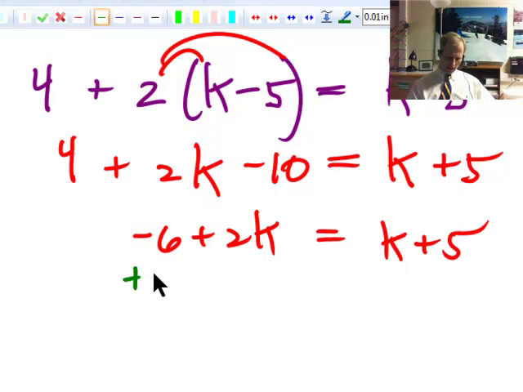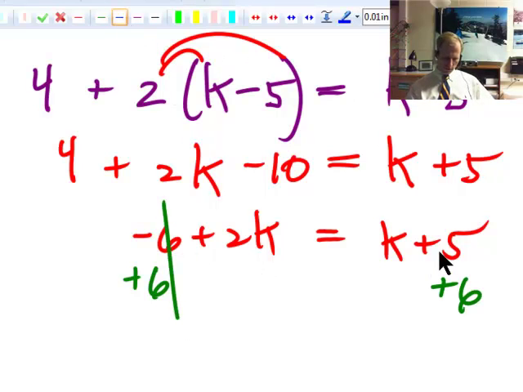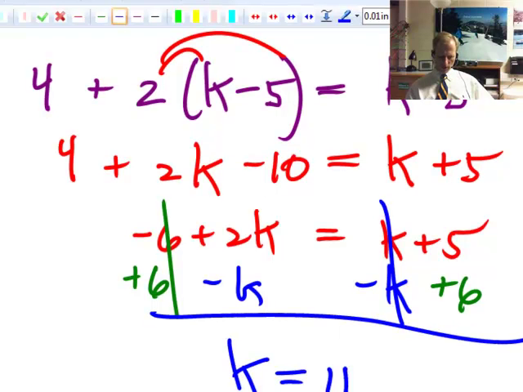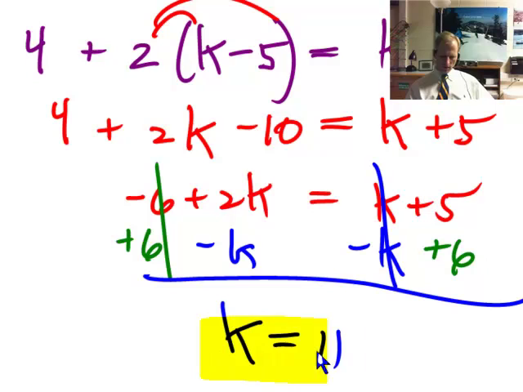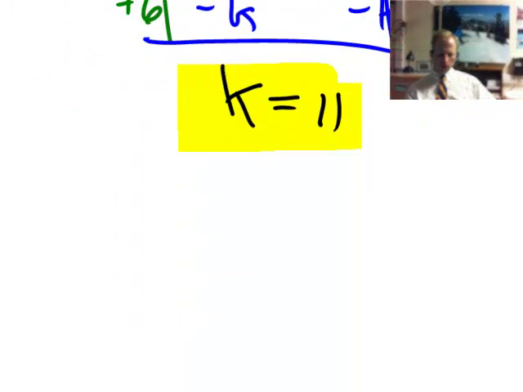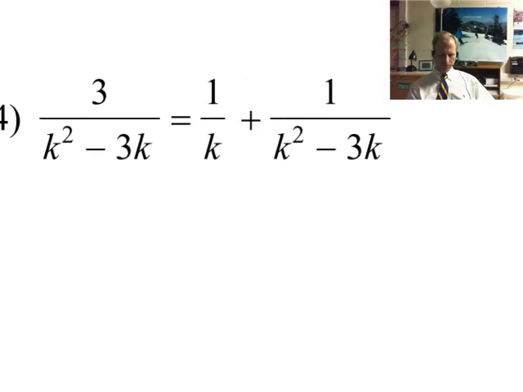So I'm going to add 6 to both sides, and I'm also going to subtract k from both sides, and that leaves me with k equals 11. And that is my solution. When you have a linear equation as a result of clearing the fractions, you will only have one solution.